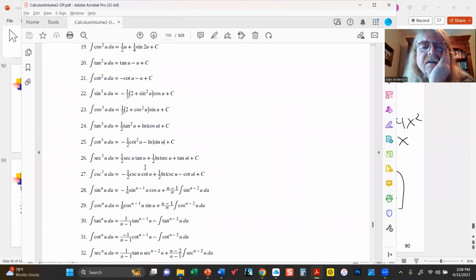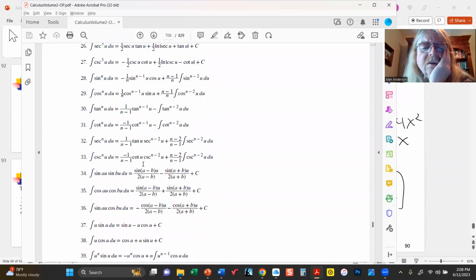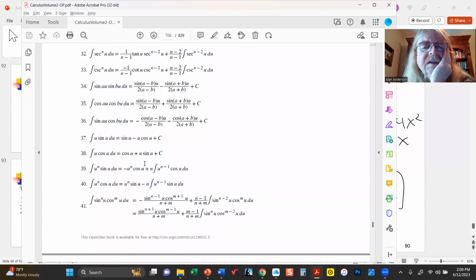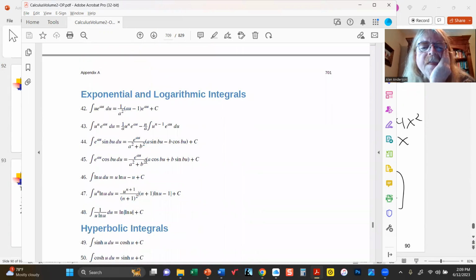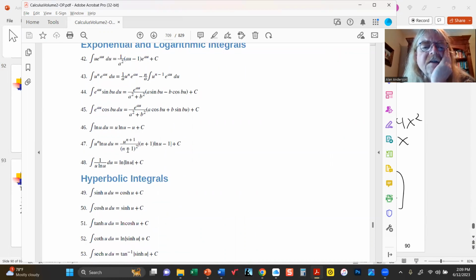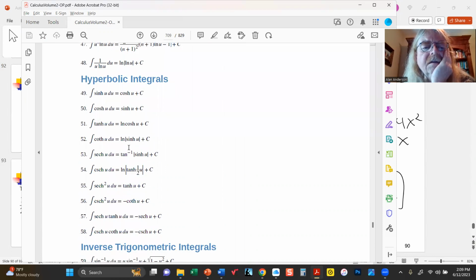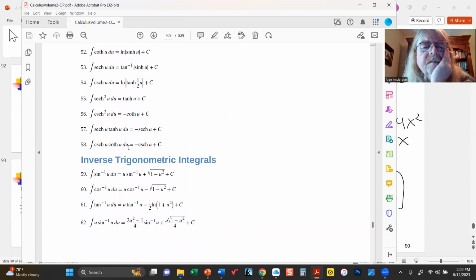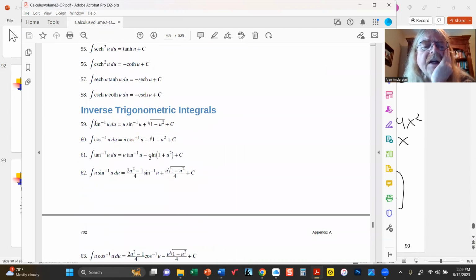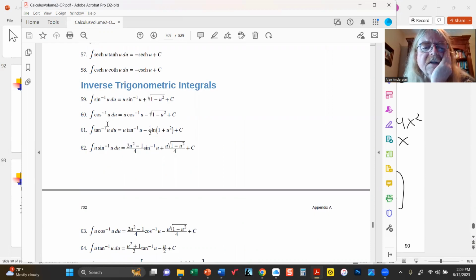And some of them, look at some of these. Anytime trig functions get involved, the results can get very, very messy. And then here we're actually directly integrating the inverse trig functions, the arcsine, et cetera.